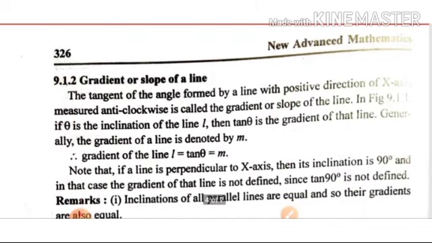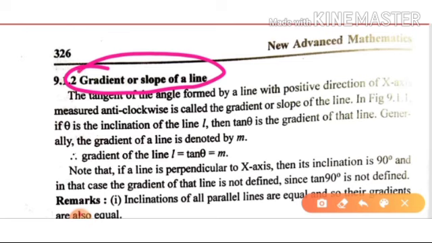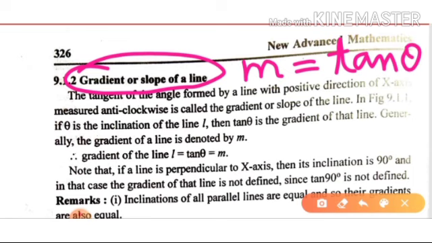Now gradient, how to find the gradient? Gradient, also known as the slope of a line, is represented with the small letter m, which is equal to tan theta, the tangent of that angle.